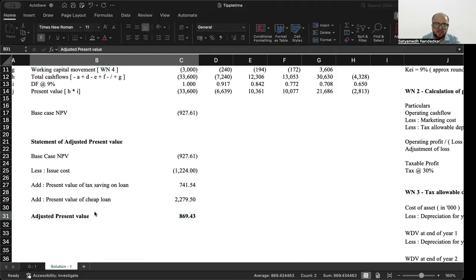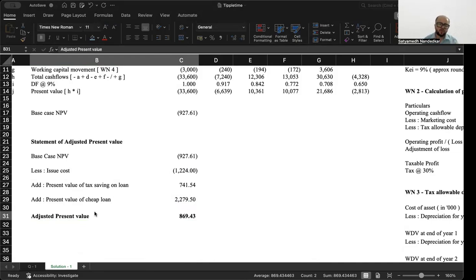Okay, what is this 869.43? This 869.43 is my adjusted present value. Now, of course, we had to consider the financing side effects and all of that and arrive at the answer.